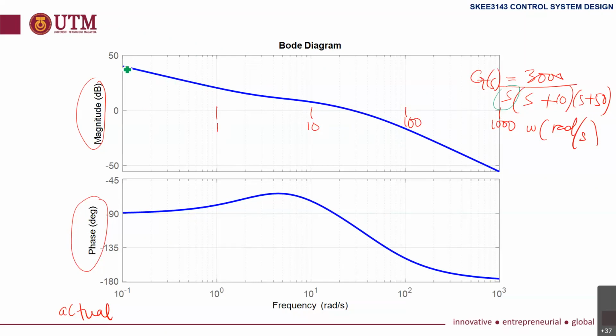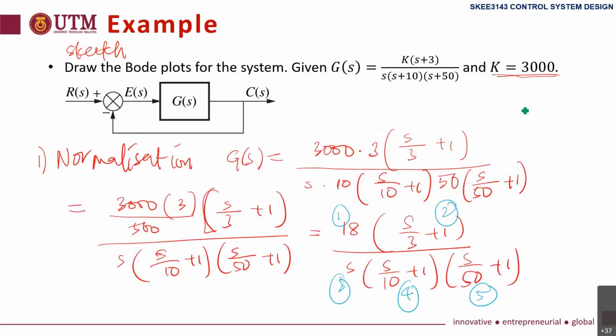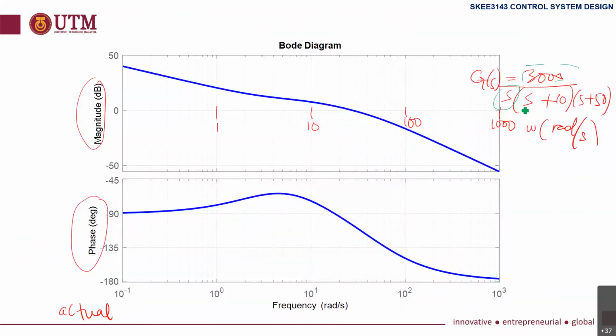The starting point is determined by, of course, the gain, 20 log K. So minus 20 dB per decade, then we have to add, sorry, here should be s plus 3.